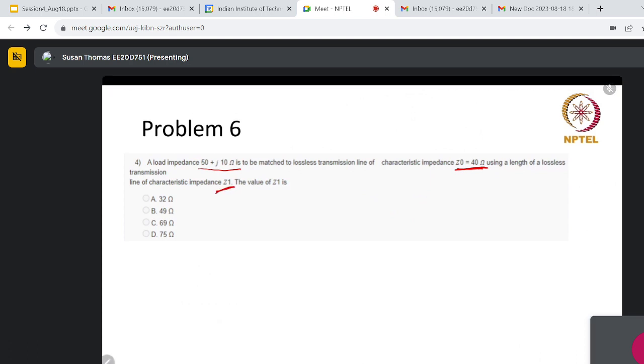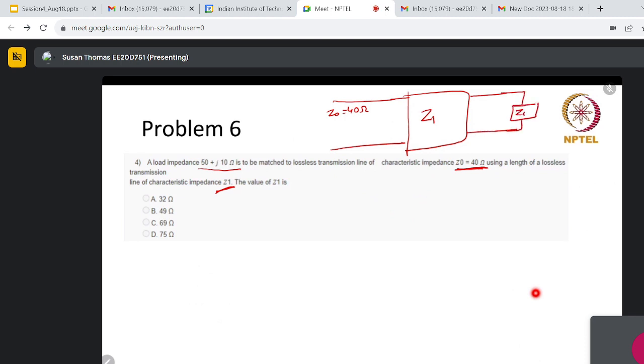As per the question, you have a characteristic impedance Z0 as 40 ohm, and then you have a section of transmission line having a characteristic impedance Z1, which is trying to match the load. This load is 50 plus j10. The question is, what is Z1?